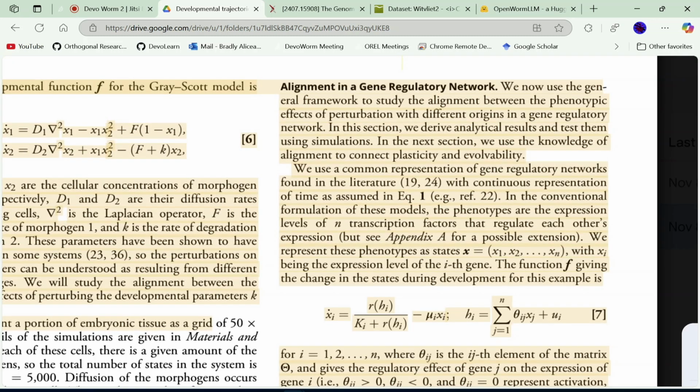Now they want to build a genetic regulatory network to study the alignment between phenotypic effects of perturbation. We use a common representation of gene regulatory networks found in the literature with continuous representation of time. In the conventional formulation of these models, the phenotypes are the expression levels of N transcription factors that regulate each other's expression.